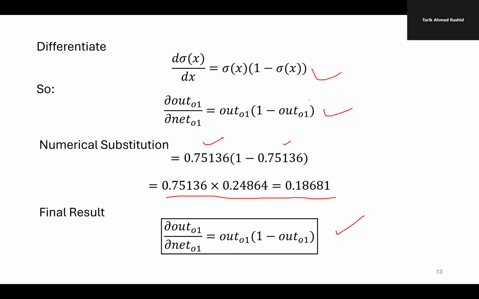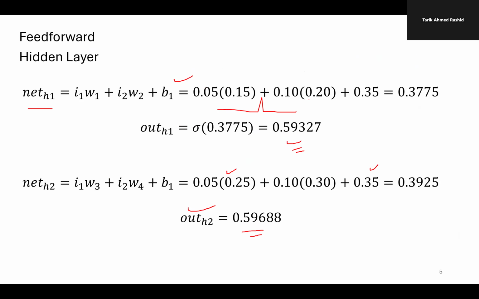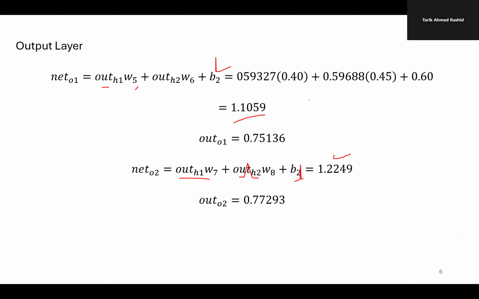If I go back to the example that I have, that is the net out. Okay, that's net out. So the derivative of this part will be 0, because I'm doing it according to the out.